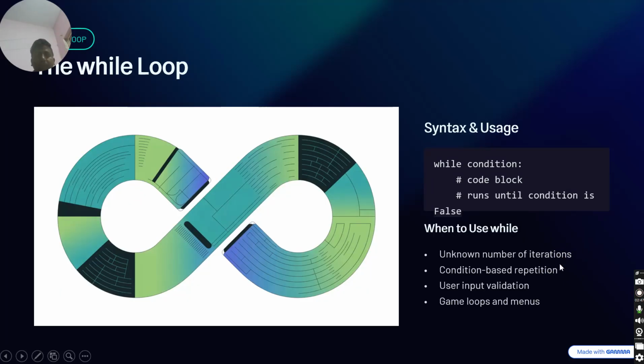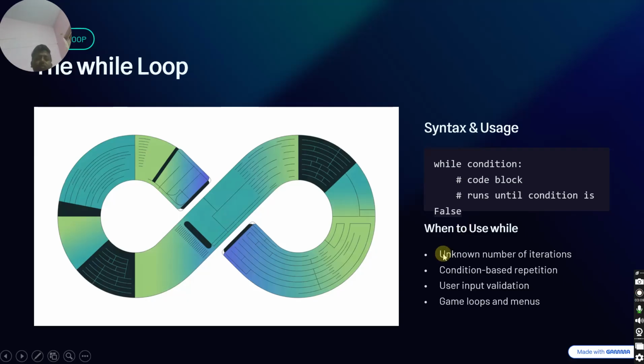Next one, while loop. A while loop is an infinite loop actually. It will run until the condition becomes false. The syntax here you can see: while, the condition, and the code block runs until the condition is false.